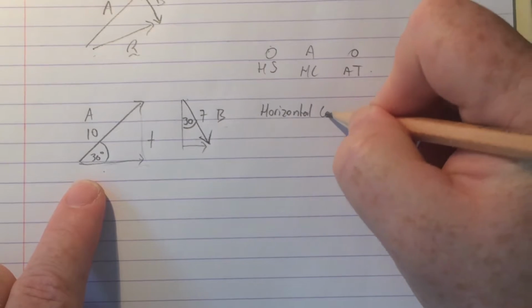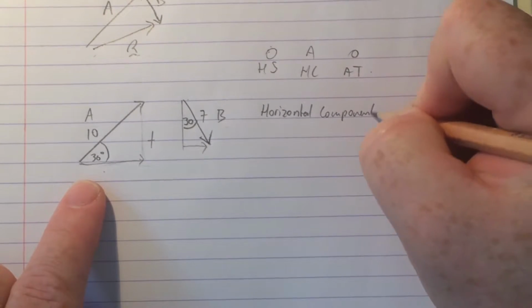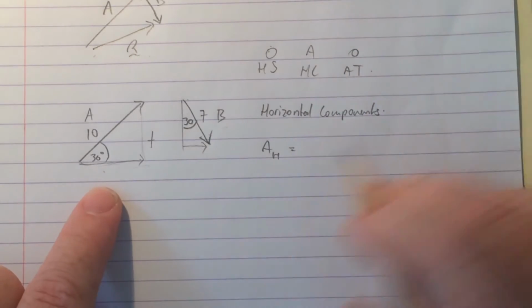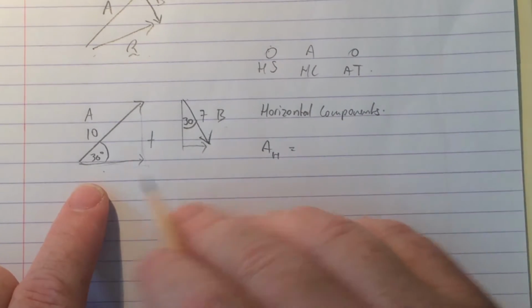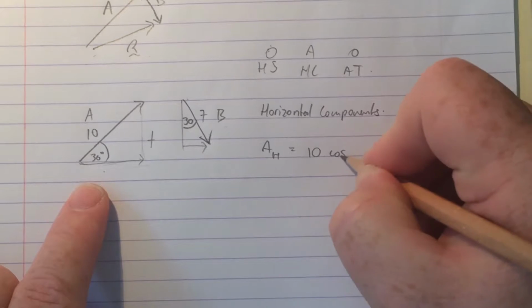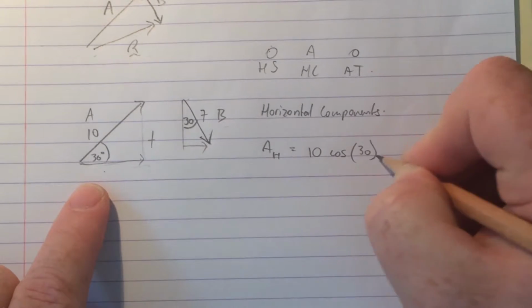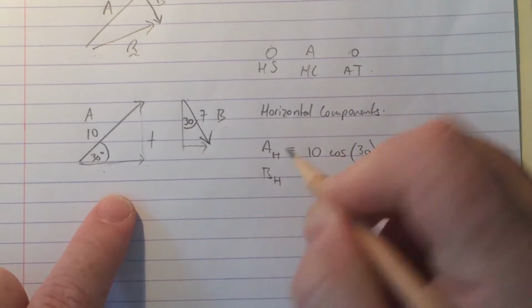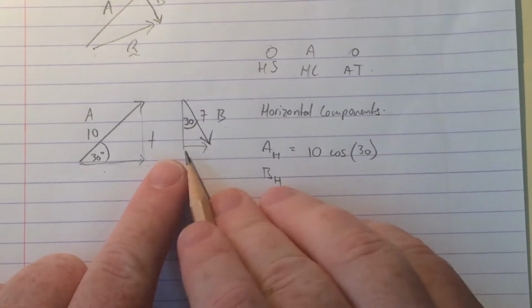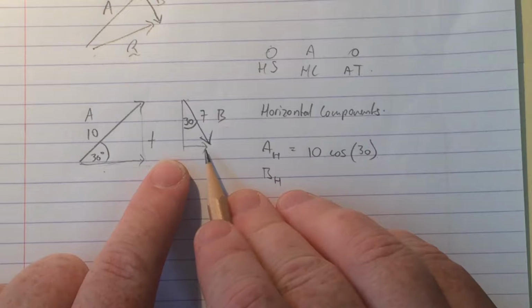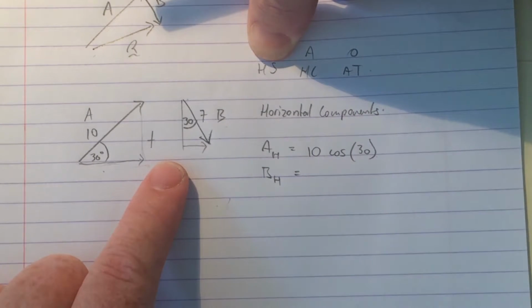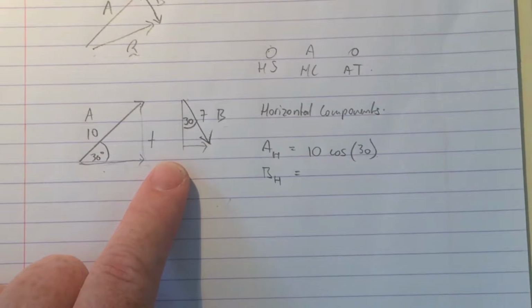So for the horizontal components, AH will be equal to 10 times the cos of the angle. BH, in this case, is the opposite side of the triangle. So the opposite side is given by the hypotenuse times the sine of the angle.